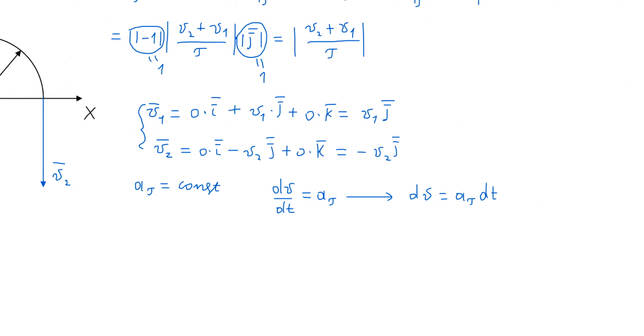Here the variables are separated because we have v on the left side and t on the right side, and we don't have differentials in the denominator. This is good. And when variables are separated, it is possible to integrate the differential equation.